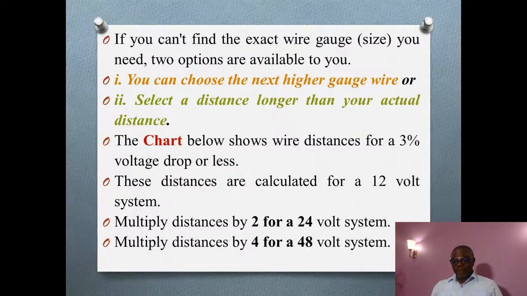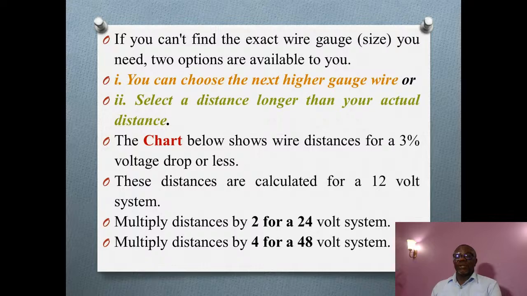For instance, if you don't find a wire that is suitable for 10 feet distance, then you choose a gauge that is lower, but when you are computing from the table, you choose a longer distance to compensate for the loss in size of wire. So the chart below shows wire distances for a 3% voltage drop or less.